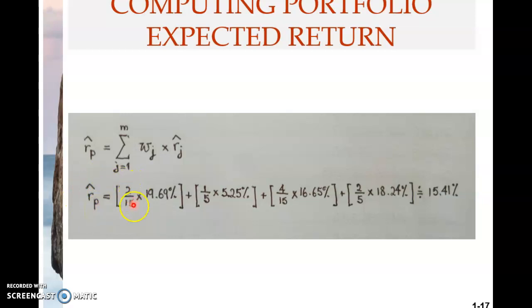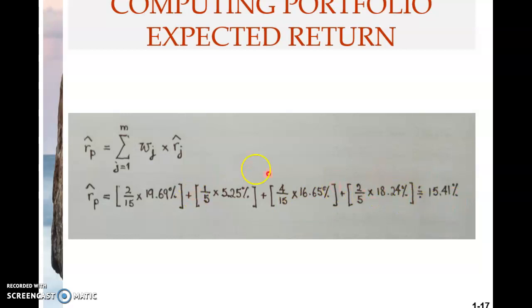It is equal to 2 over 15, the portfolio weight for stock C, multiplied by 19.69%, plus 1 over 5, the weight for the second stock, multiplied by 5.25%, and so on. This is 4 over 15 multiplied by 16.65, and finally 2 over 5 multiplied by 18.24%.